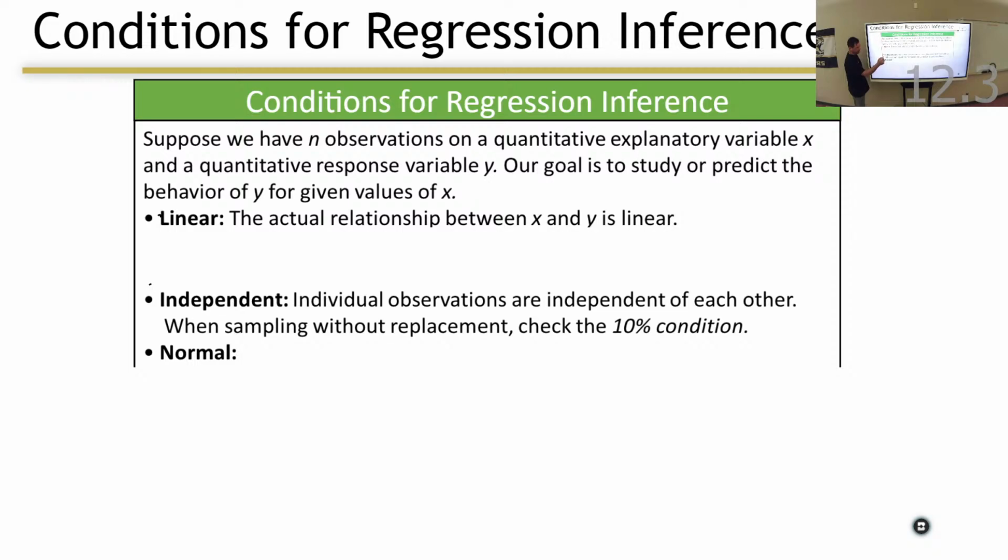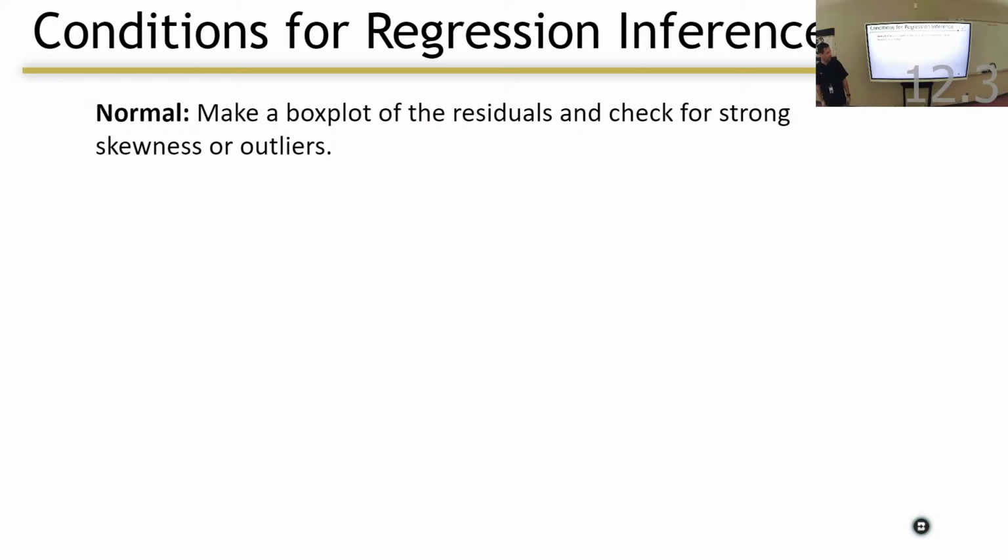Linear, independent, normal. We normally call this one large counts, but they're not going to use large counts for this one. And what we mean by normality is, we want a box plot or a bar graph or some type of a picture of the residuals.